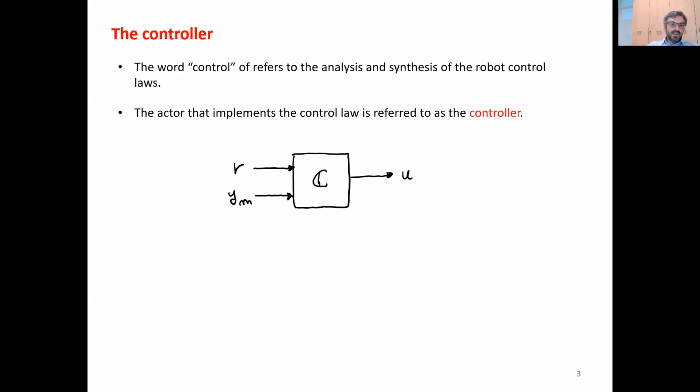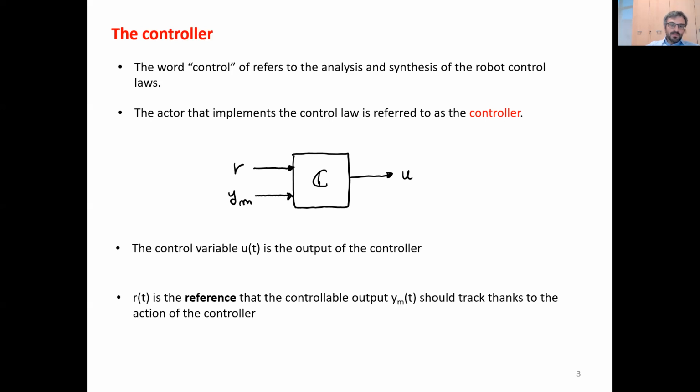In essence, the controller receives an input reference, for example, for the y variable that we want to track, and the y variable that we measure from the plant, and provides as output our control variable u. So thanks to the action of the controller, our aim is that our ym variable tracks our reference.